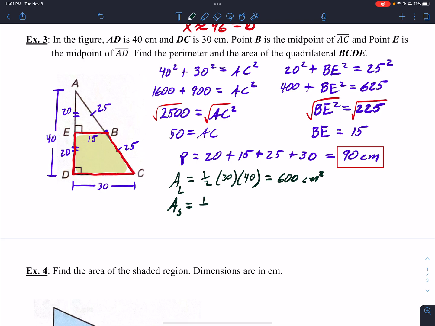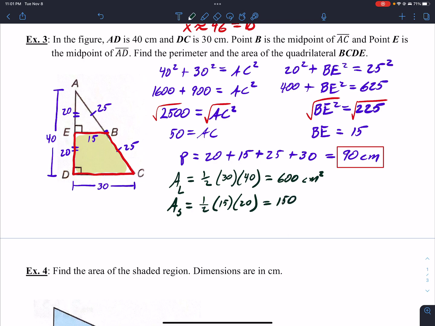and the area of the small triangle has 1/2. The base is 15 and the height is 20. So 1/2, 15 times 20. And again, I'm going to say, all right, well, half of 20 is 10, and then 15 times 10 is 150. All right?